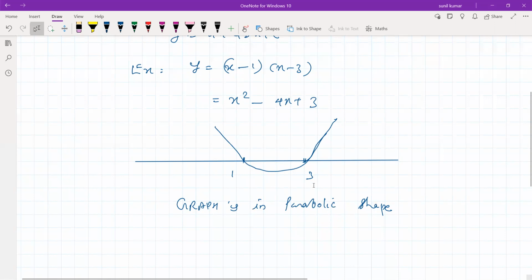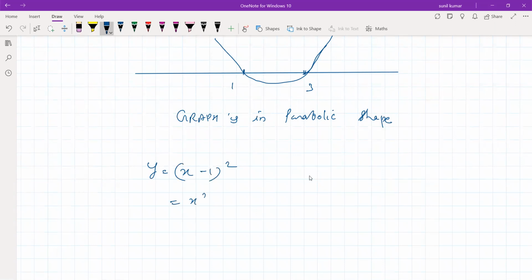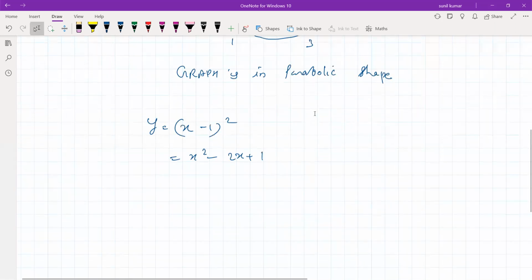You can see that if the graph is like this, y equal to x minus 1 whole square, that means x square minus 2x plus 1. So you should remember, it will just touch the x-axis.